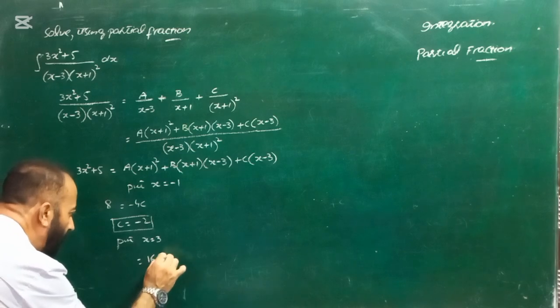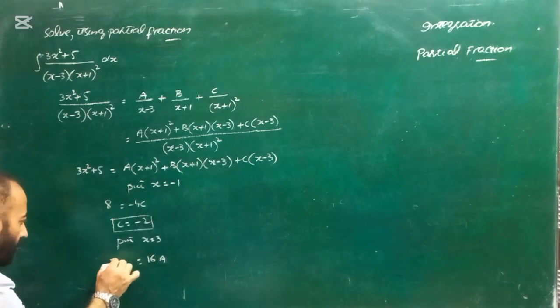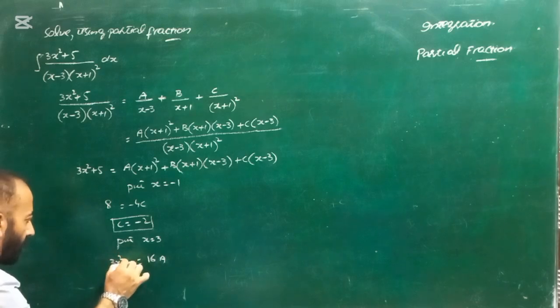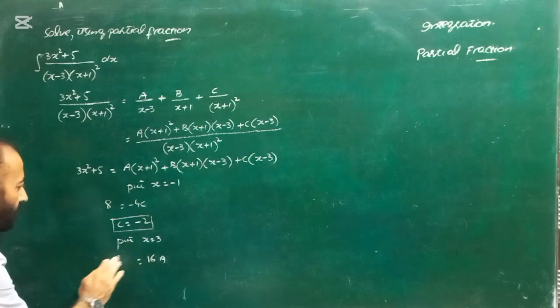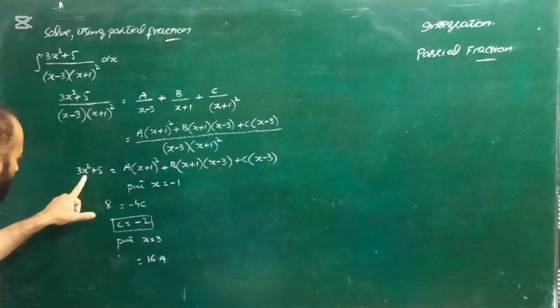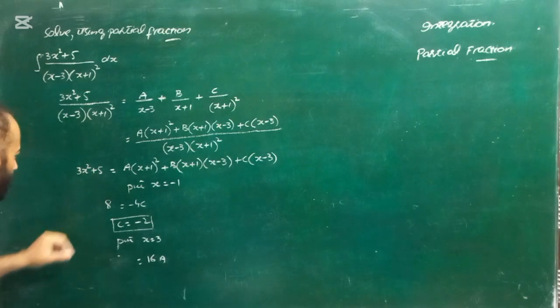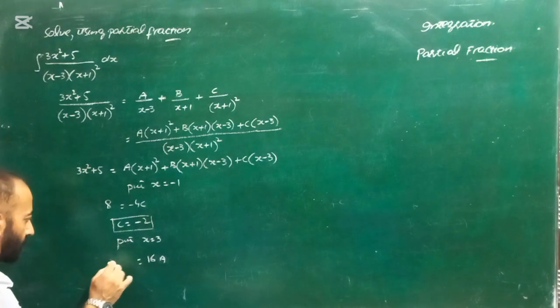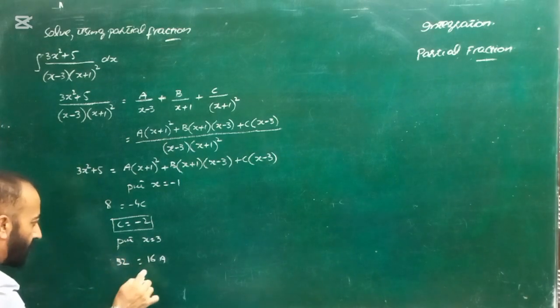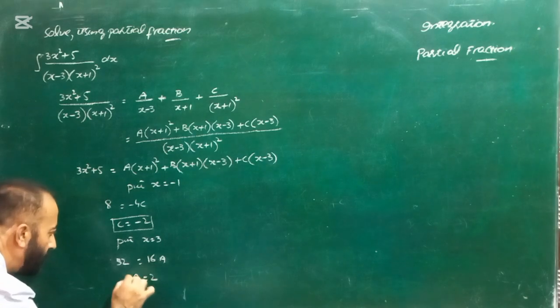And on the left hand side, we have 3x square plus 5, put 3 as well. So 3 square is 9, 9 threes are 27 plus 5, 32. So 16 will come in the denominator, so A will be equal to 2.